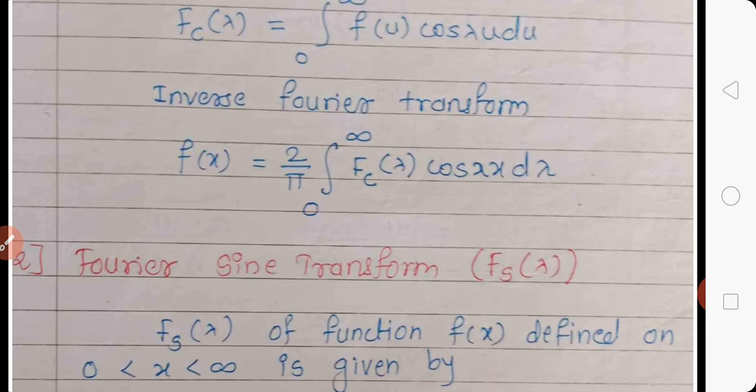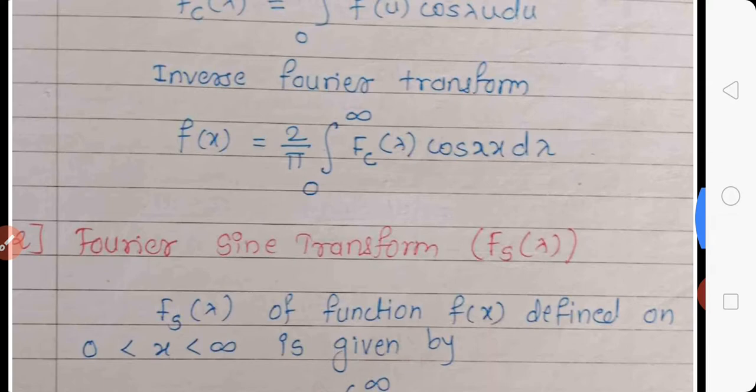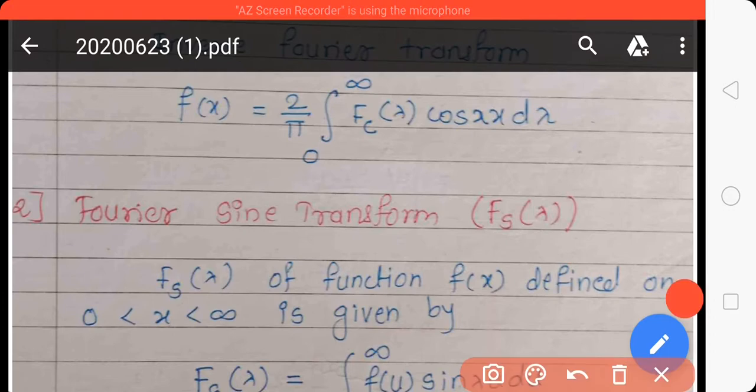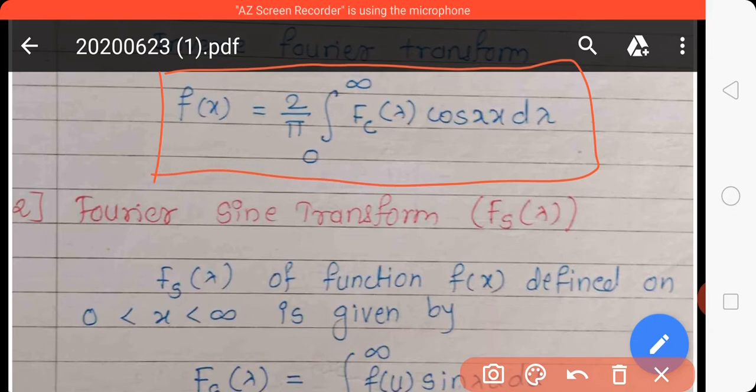We take cos of lambda x because the given value is the Fourier cosine transform, and we integrate with respect to lambda. For the inverse Fourier cosine or sine transform, we always multiply by 2 upon pi. Therefore, the inverse Fourier cosine transform is f of x equal to 2 upon pi integral from 0 to infinity Fc of lambda cos lambda x d lambda.